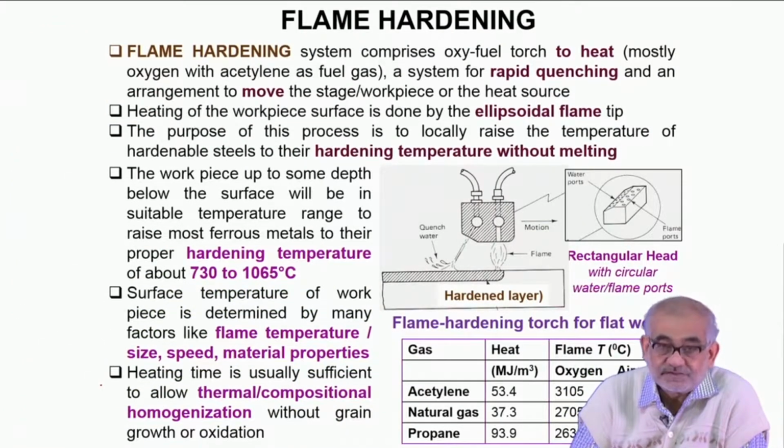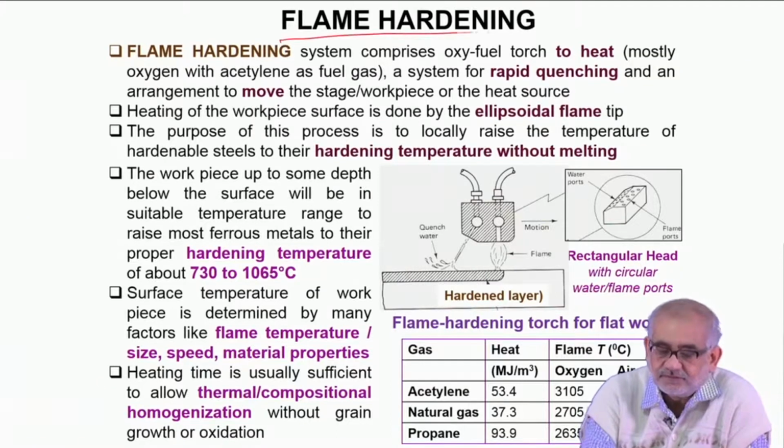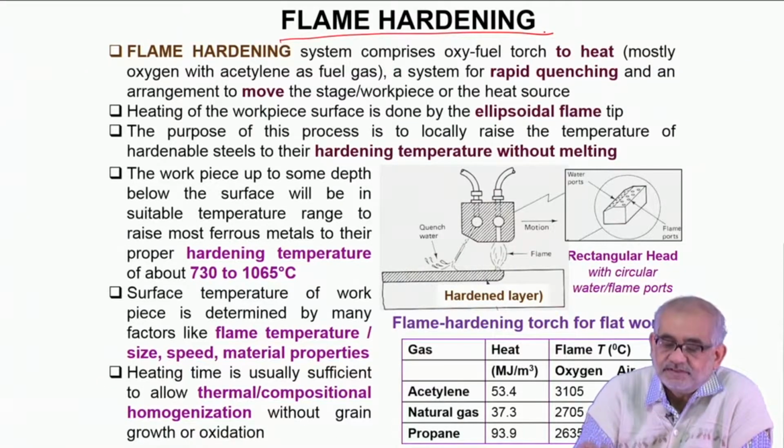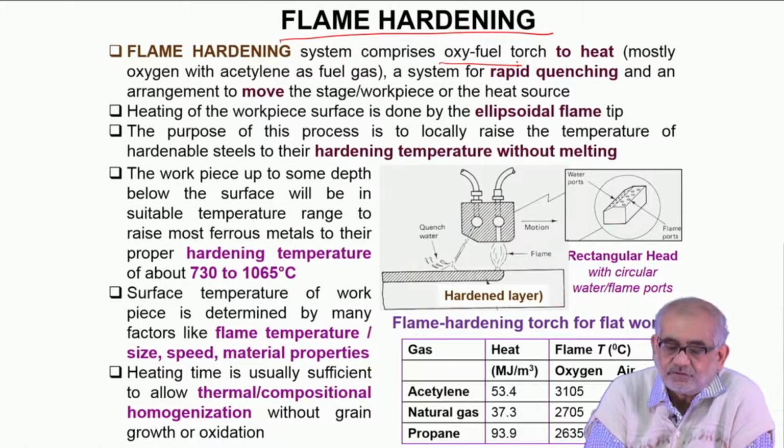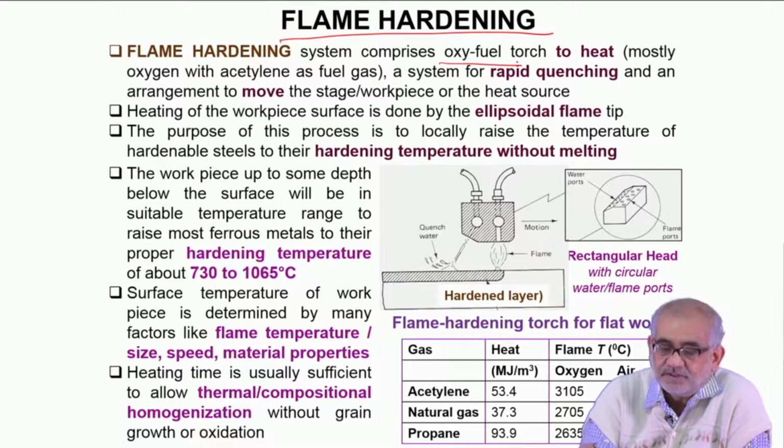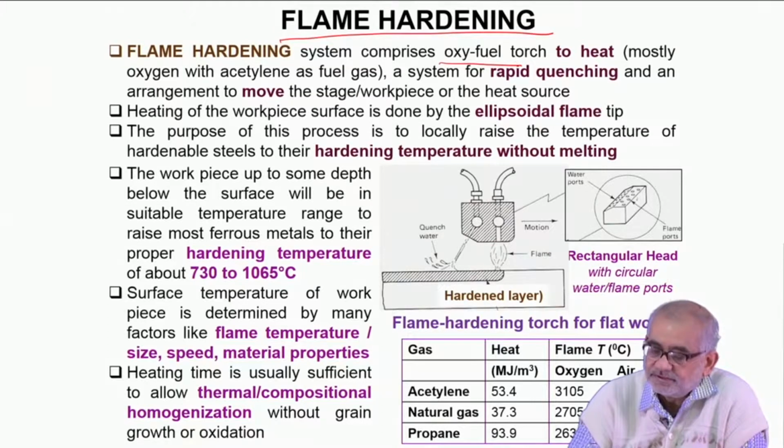So, first let us pick up the flame hardening, where we use, it could be simply an oxyacetylene or some other form of flame. So, we use a burner. So, this is a typical burner with several orifices.